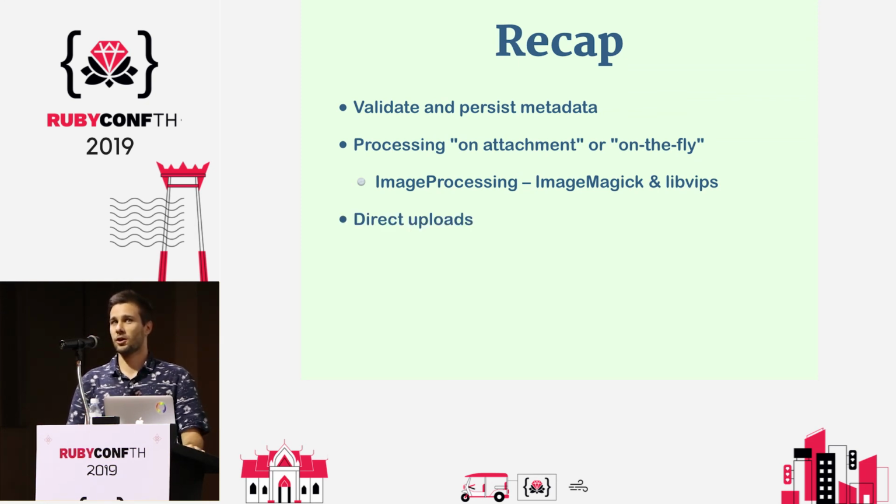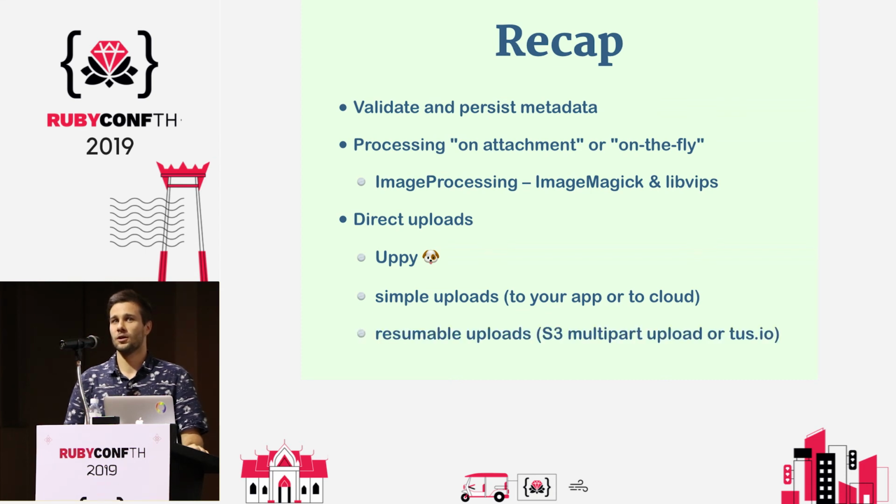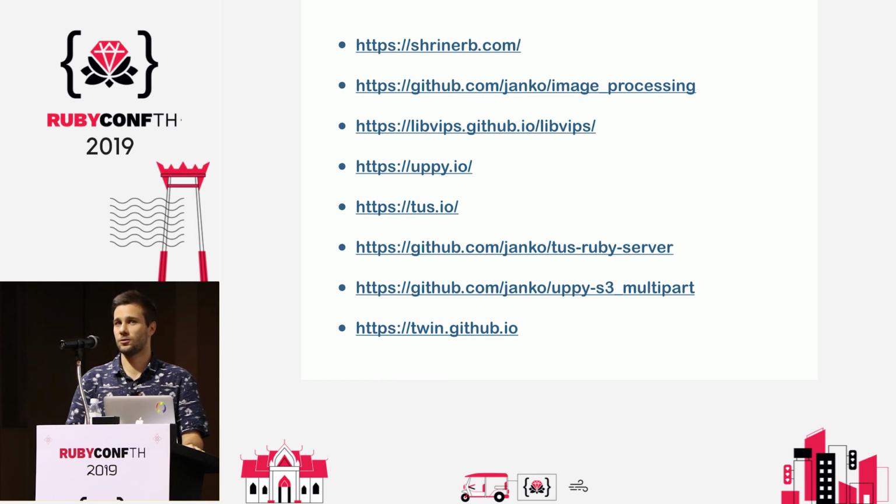For images, I recommend using the image_processing gem. You should also add direct uploads, and for Shrine and for other solutions, I would recommend Uppy if possible. And you can do either simple uploads to your app or to the cloud, or resumable uploads also directly to S3 or using the tus.io protocol.